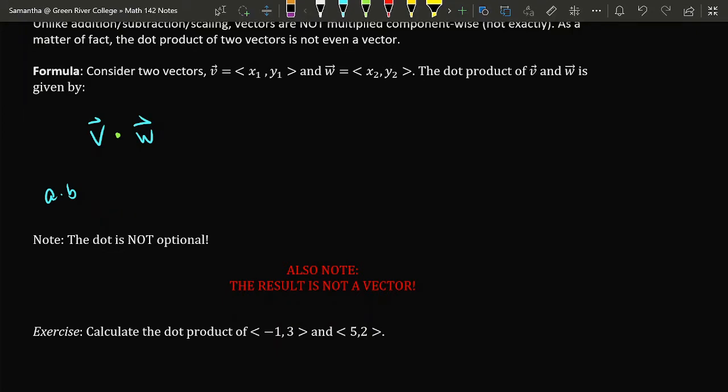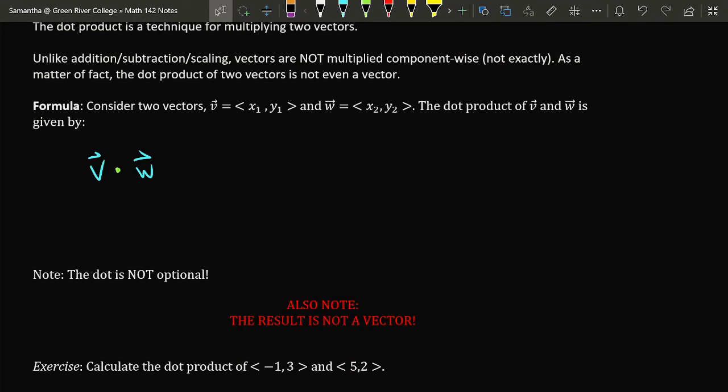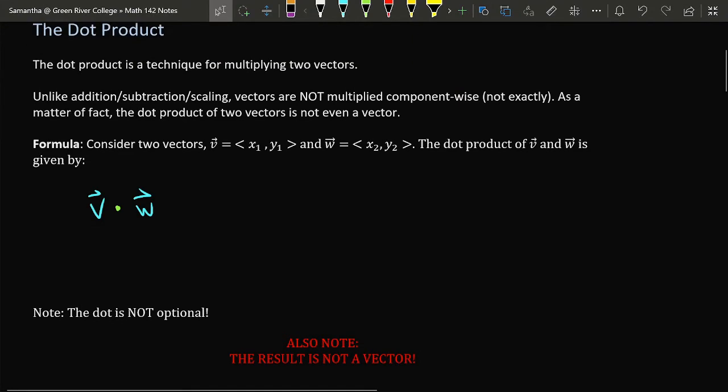You absolutely need to have this dot in between v and w if you intend to communicate the dot product. That's because there are other ways to multiply two vectors together which have other notations. That's the sort of thing that you'll study in Calculus 3 if you take Calculus 3.